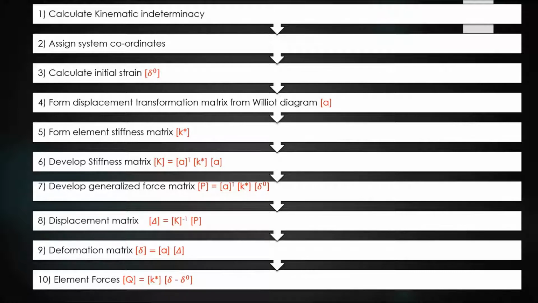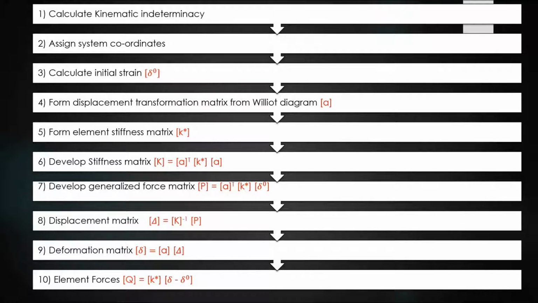So we will try to pull it or push it in order to make that member fit in that structure. When we apply an extra stress, that will be stored in that member as strain. So we have to calculate the initial strain that is developed in the members.